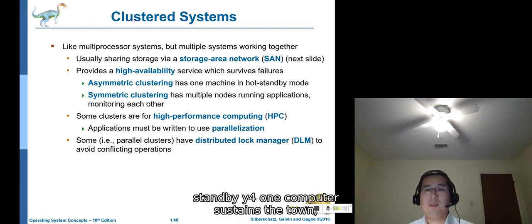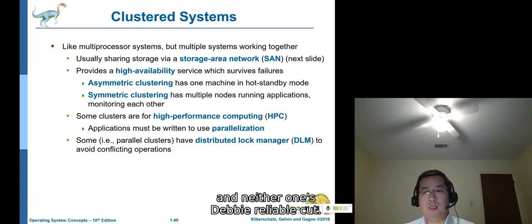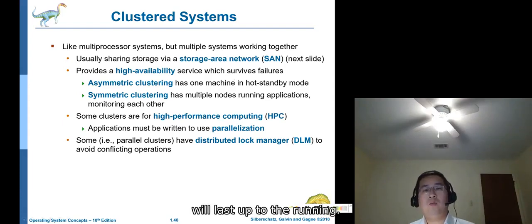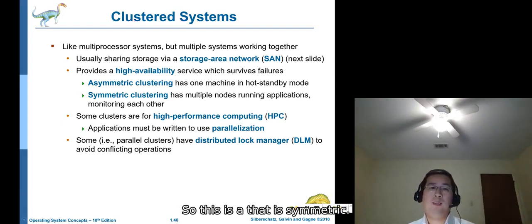We call it hot standby. If one computer system is down, another one will still be reliable, to take the task, to take the job. That means it will not stop the running. So this is the asymmetric.